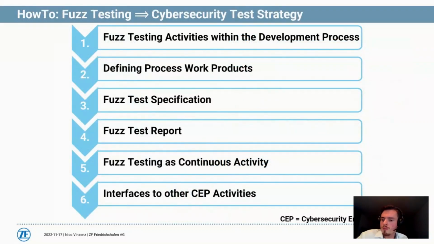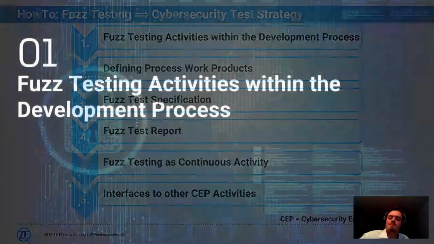I have a very quick rundown of how Fuzz testing can be integrated into a cybersecurity test strategy, which is basically: first thinking about which kind of activities we need within our development process regarding fuzzing, then defining work products which are necessary for it, creating a Fuzz test specification which is tailored for our product, the report, which is the output of it, then having Fuzz testing as a continuous activity, and finally thinking about which other cybersecurity engineering process activities are interfaced by our Fuzz testing efforts.